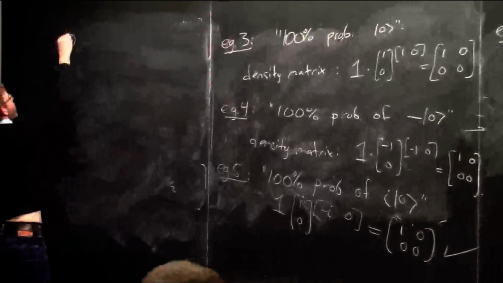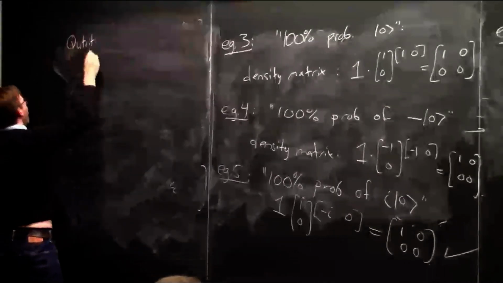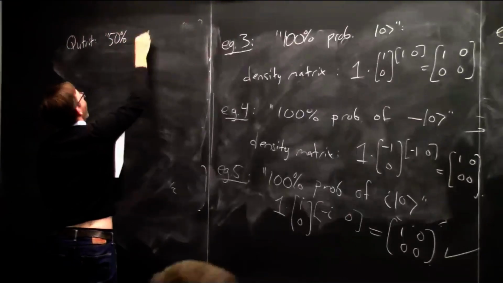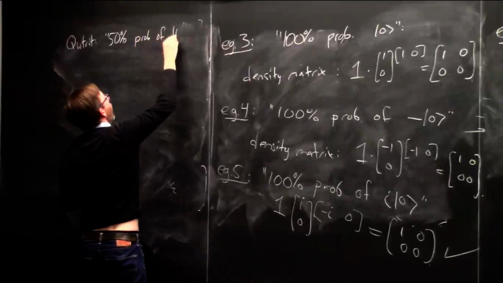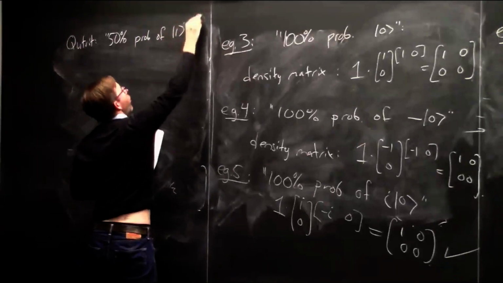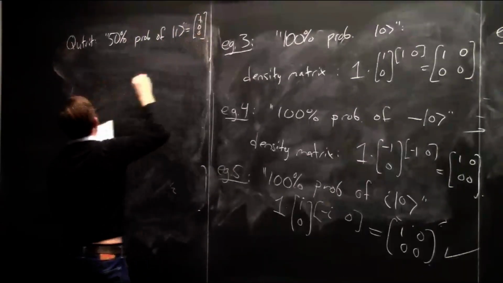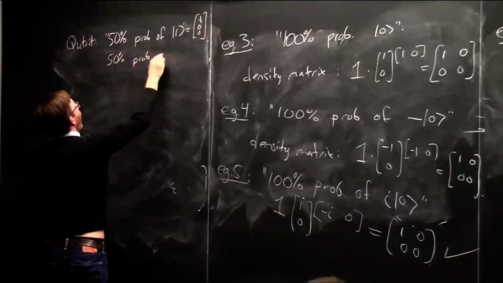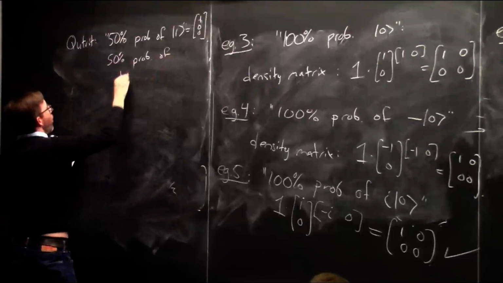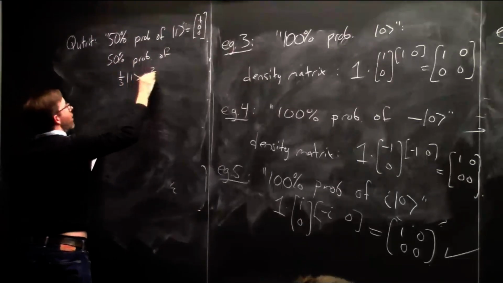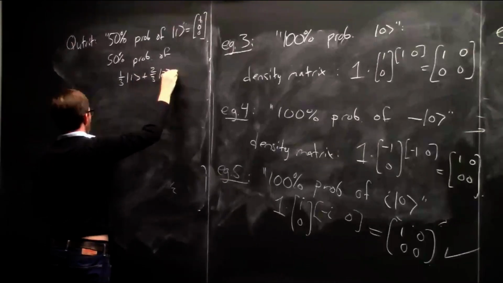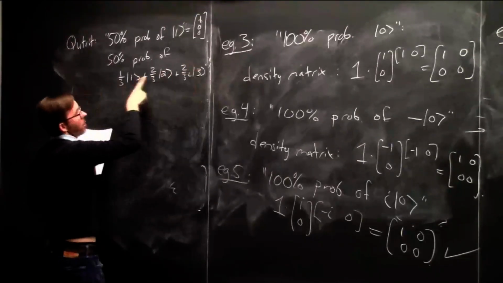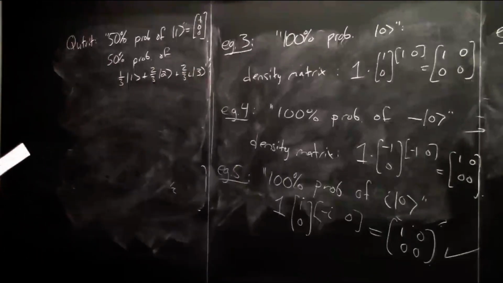Okay, here's an example. You can do a qutrit example. If you have a 50% probability of |1>, which to remind you is (1, 0, 0), and 50% probability of, I just made this up, 1/3 times |1> plus 2/3 times |2> plus 2/3 i times |3>. These amplitude magnitudes squared do add up to 1.